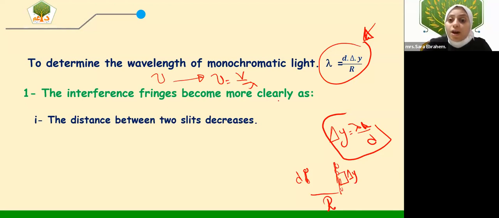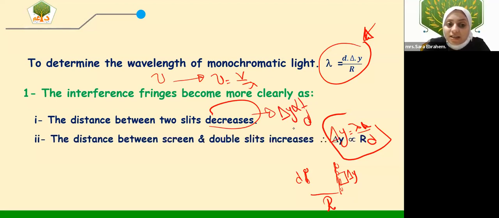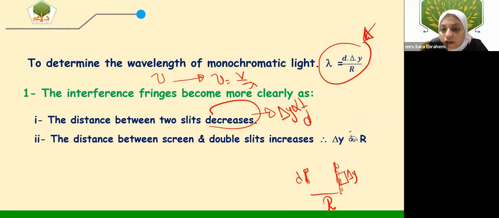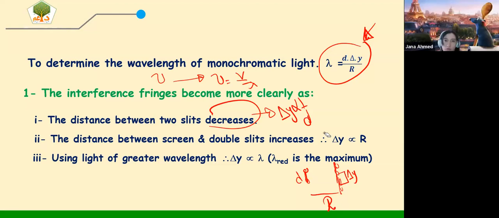So interference fringes become clearer as the distance between the two slits decreases, because delta Y is inversely proportional to D. And when the distance between the screen and the double slit increases, delta Y is directly proportional to R. And when using light of greater wavelength, delta Y is directly proportional to wavelength, and the wavelength of red color is the maximum wavelength.